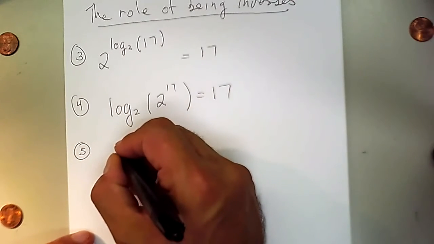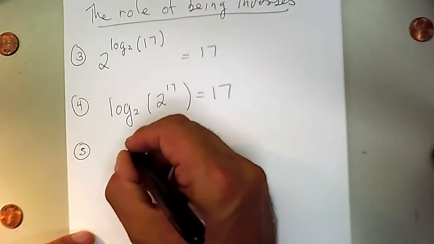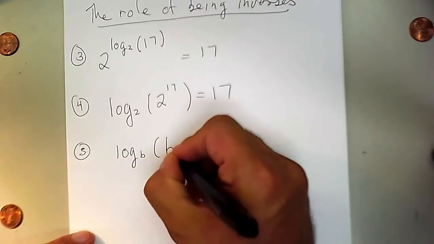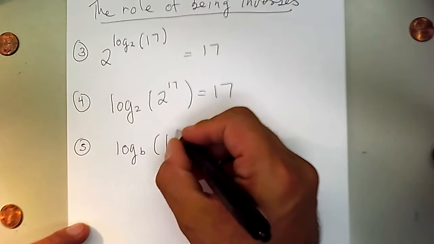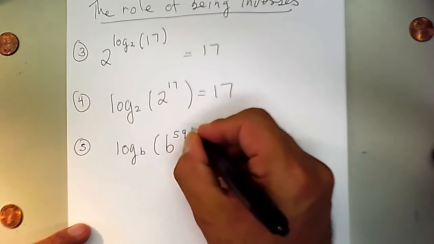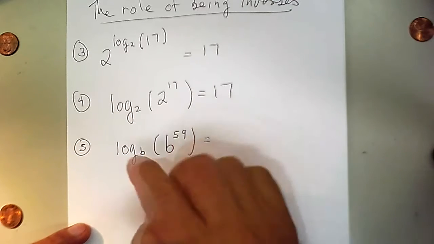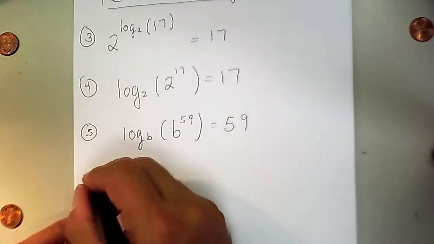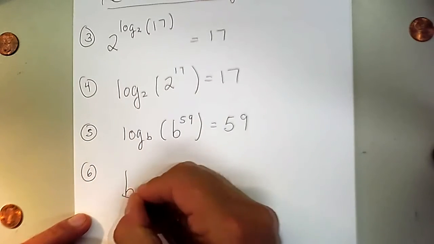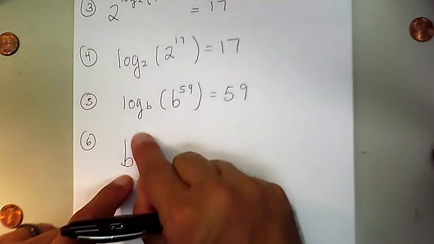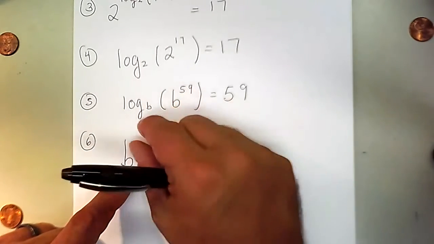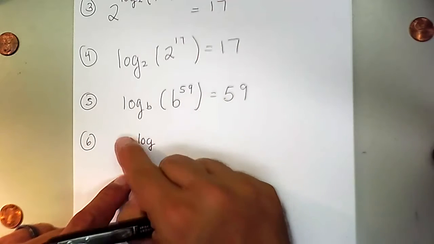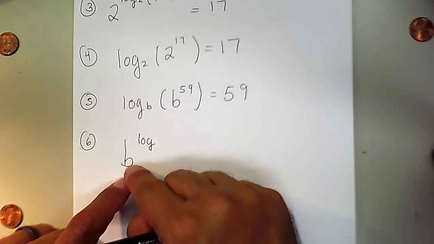Sometimes we write them down with letters. So the logarithm in a generic base b of b to the 59, well, that is going to be, as long as the bases are the same, 59. And the other way around too, if you have b to the logarithm base b of 53. This expression is interesting because the exponent is meant to be written with a smaller font. So log should be smaller than the size of the b.